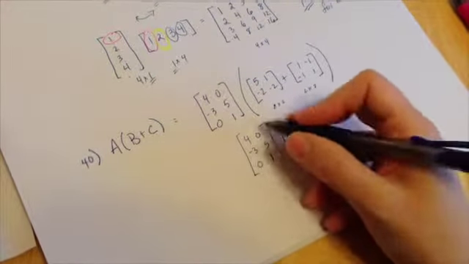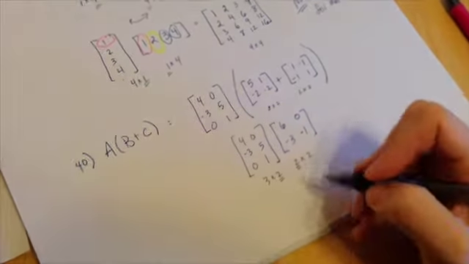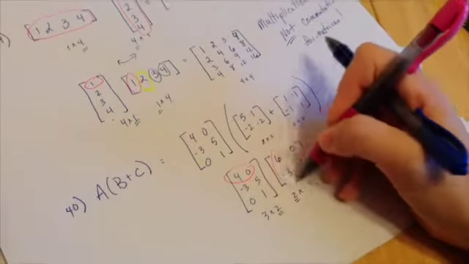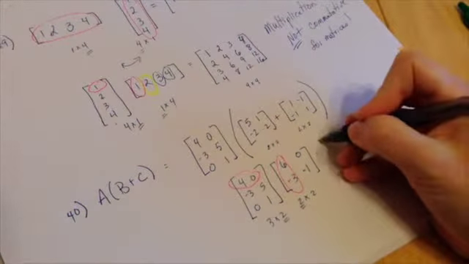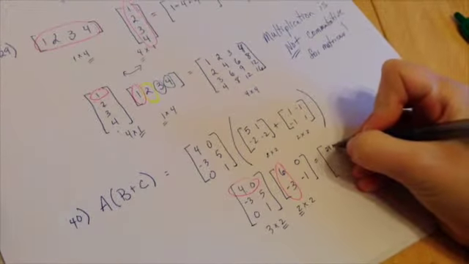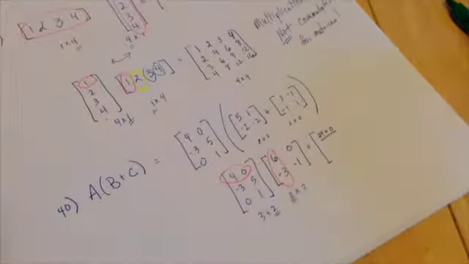Again, we're going to take each row in my 3 by 2, make sure it matches. Take our first row times our first column. So we get 4 times 6, 24, plus 0 times -3, which is 0. Moving on to the first row, second column spot.